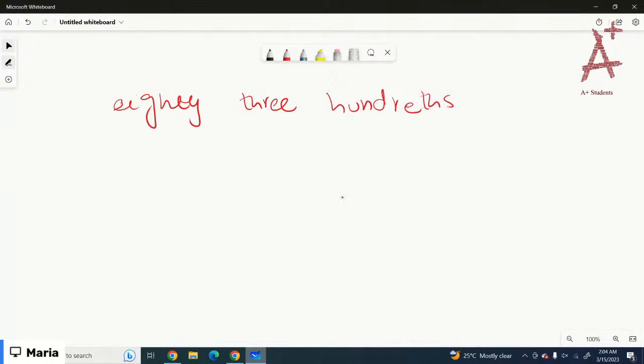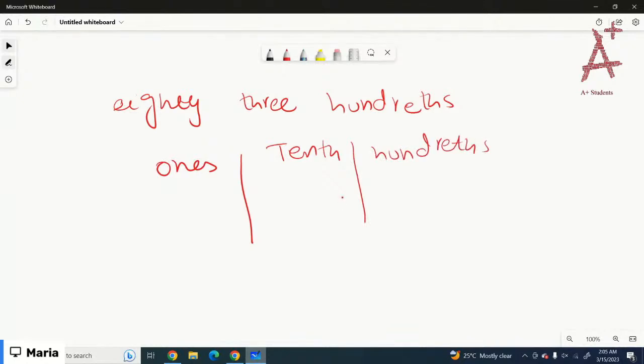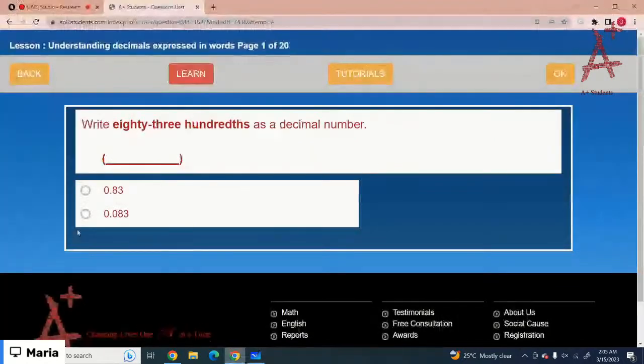Got it? That means it would be ones, tenths, and hundredths. So it would be 0.83, 83 hundredths. Got it? So the correct option is 0.83.